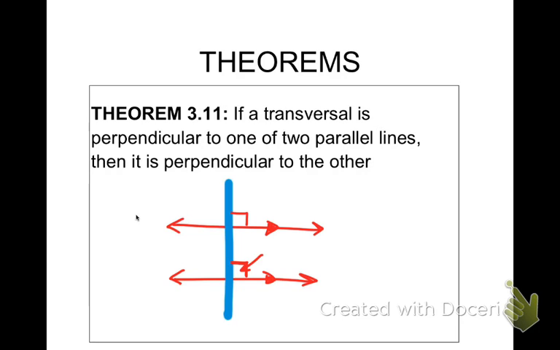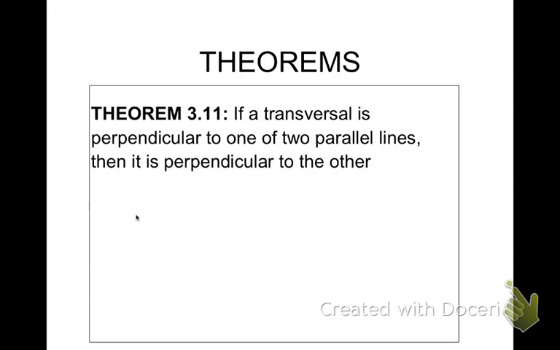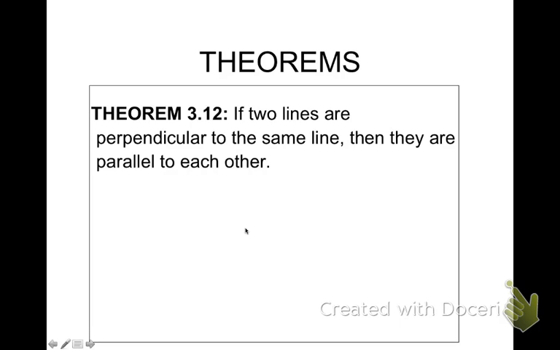Okay? And then the next theorem is just kind of the flip of it. If two lines are perpendicular to the same line, then they are parallel to each other.